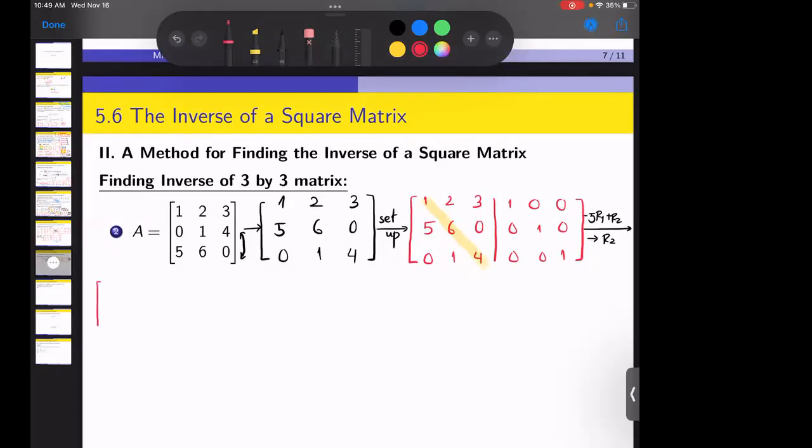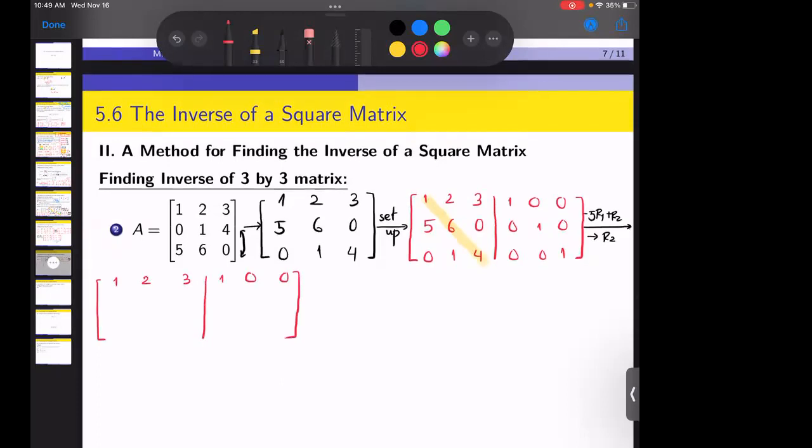So the first row stays the same. I'm gonna rewrite the first row before I forget. So 1, 2, 3, and then on the right side 1, 0, 0. The second row changes. So basically you multiply the first one by negative 5 and then add to row 2.